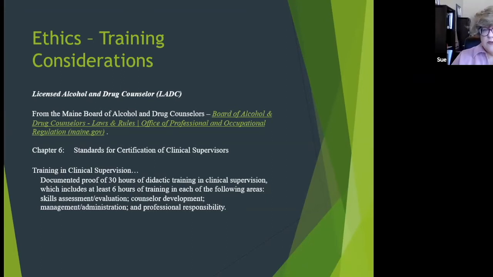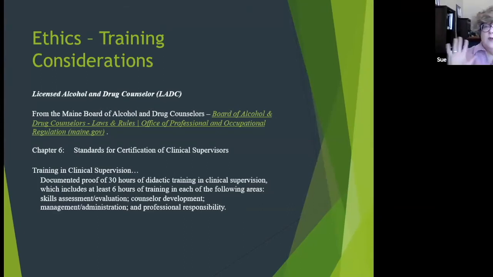And there are programs around the state that do provide that training for people who are going for their LADC. So I wanted to mention that, not only from the standpoint of it being a requirement if you're going for your LADC, but also for those of you who may want the additional training, there may be ways to get that through some of the programming that may be offered around the state.